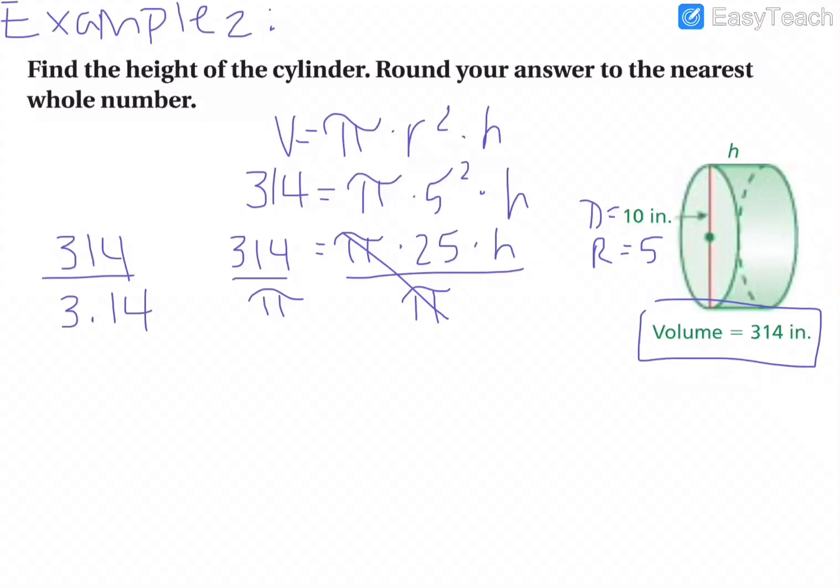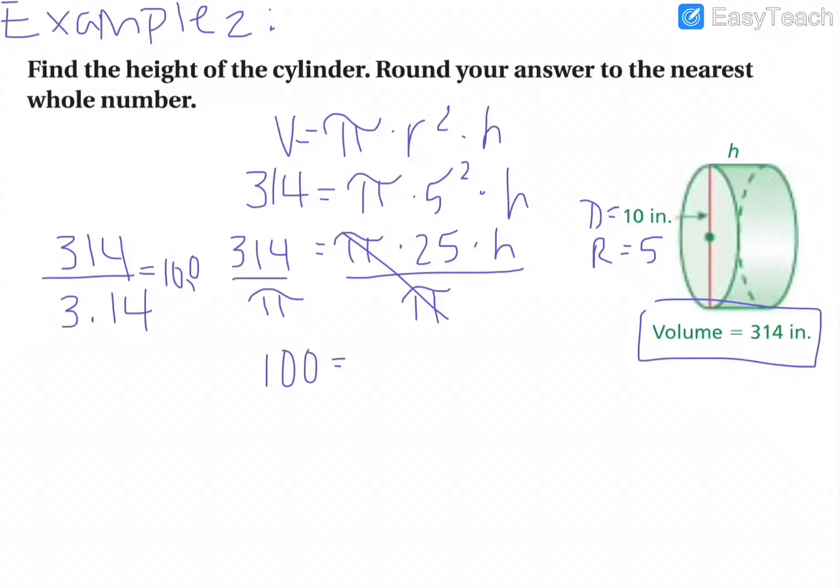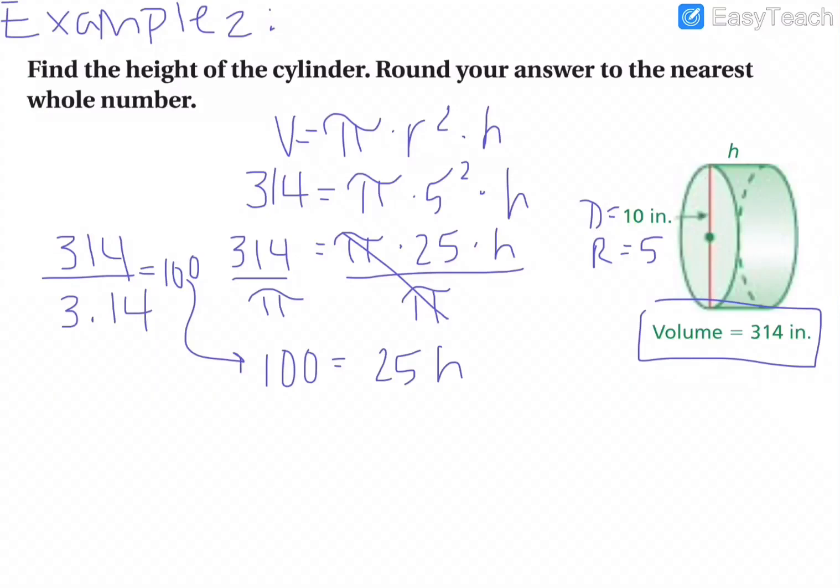So when we do 314 divided by 3.14, that's just going to be 100. So we get 100 equals, and that's 100, just to show you what that came from, equals 25h, and now it's much easier to divide by 25 since that's easily divisible.